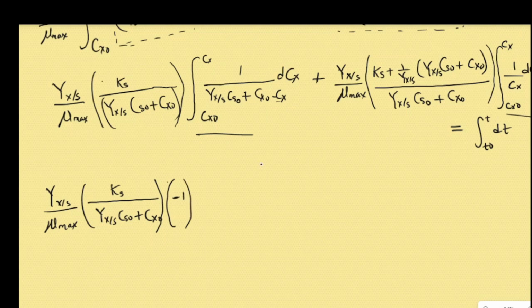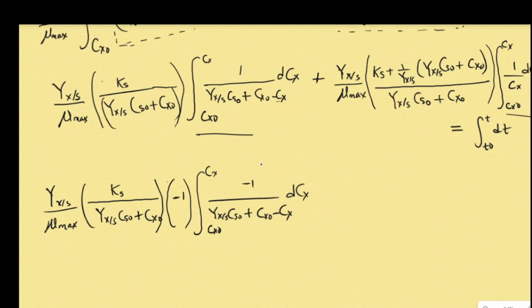So after putting that -1, I can now do something like this, from Cx naught to Cx, -1 over... like this.